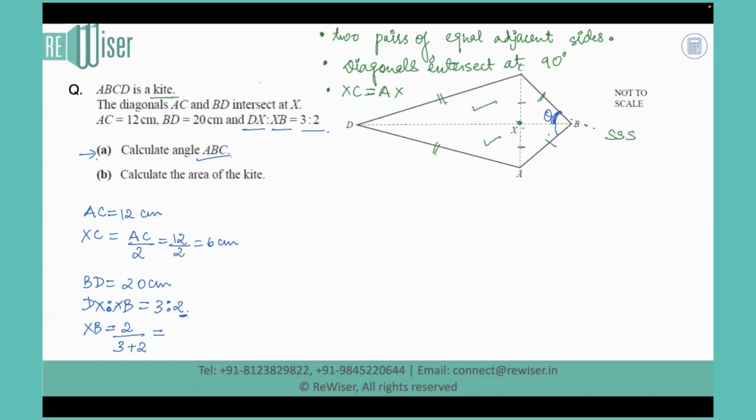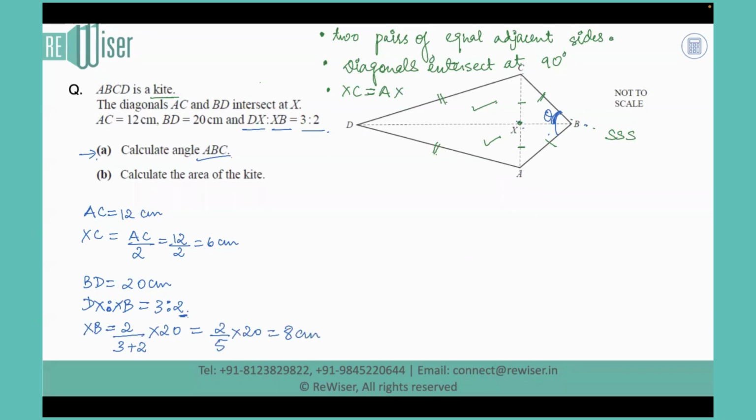So XB is 2 by 3 plus 2 times the total length, which is 20 for BD. So we get 2 by 5 times 20, 2 by 5 times 4, so XB is 8 centimeter.